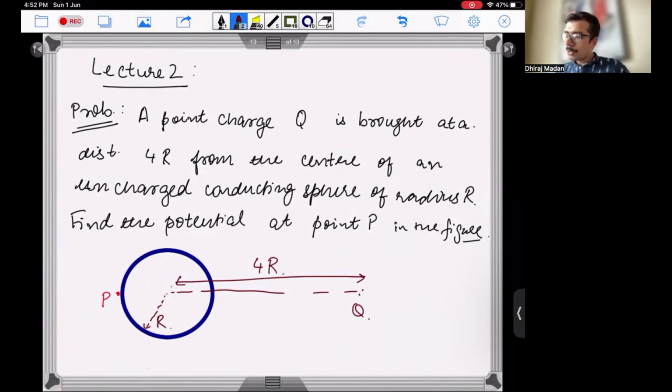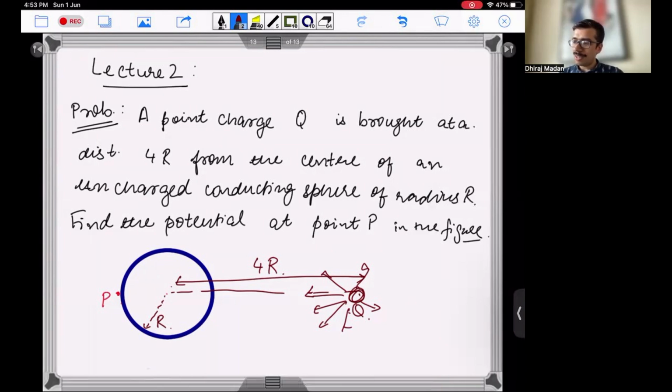So what's going to happen is that when this point charge Q is introduced over here, on this sphere there are going to be some electrons which are going to experience an electric field, right? There is an electric field which is due to this point charge. In the presence of this electric field, the electrons of the sphere are going to move in the direction opposite to that of the electric field, right?